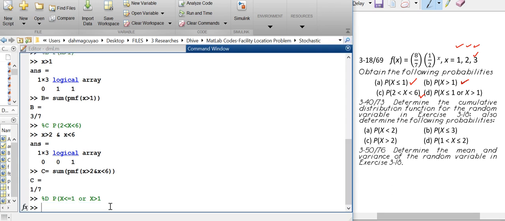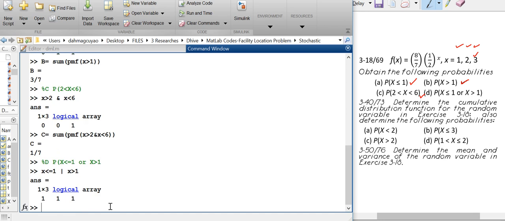We check x less than or equal to 1, or, using the operator below the backspace, x greater than 1. All elements satisfy the condition.